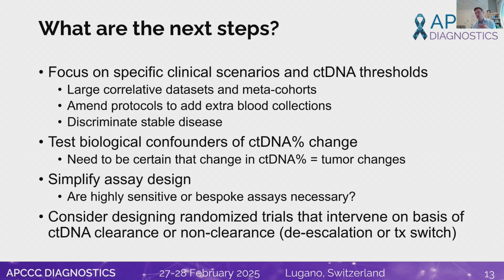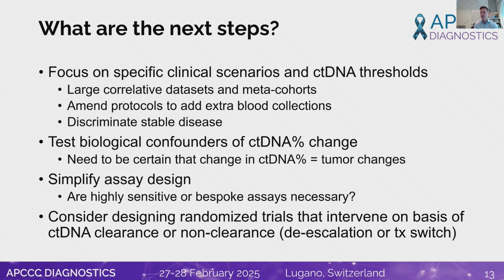I think we need to really get a better handle on those potential biological confounders of ctDNA fraction change, things like testing blood in the morning or the evening, or understanding whether an adverse event increases cell-free DNA shedding.